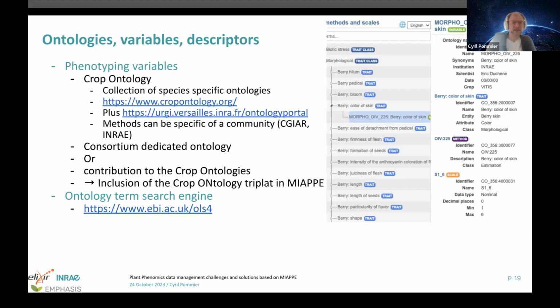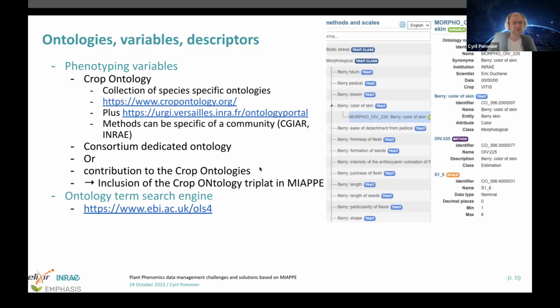Indeed, we have seen that the methodology of measure can be specific to each community, for instance, for CGIAR and INRAE. Therefore, there is a need for consortium and dedicated ontologies. If this is the case, those dedicated ontologies can be stored in this portal or in any other portal. But ideally, what we recommend is to contribute to the Crop Ontologies when that's possible.